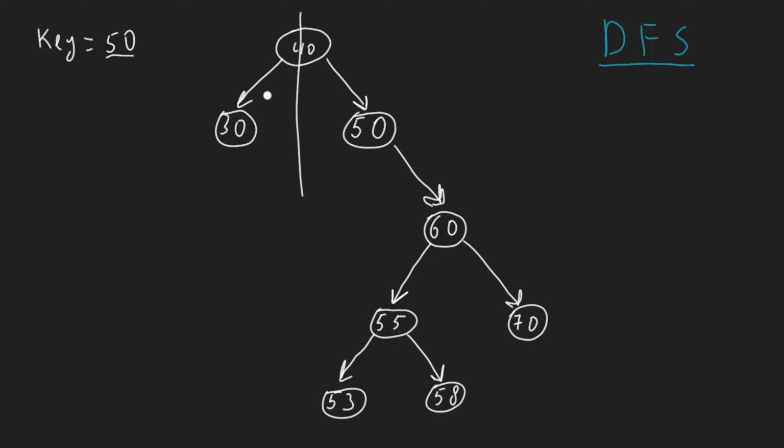So now we are searching on the right side of the subtree for our value, and then 50 is equal to 50. Let's set up our rules.